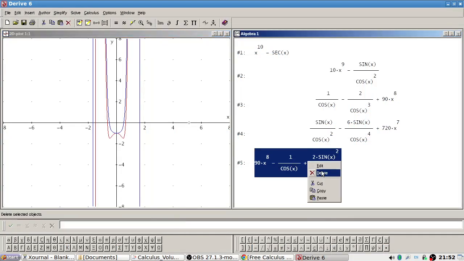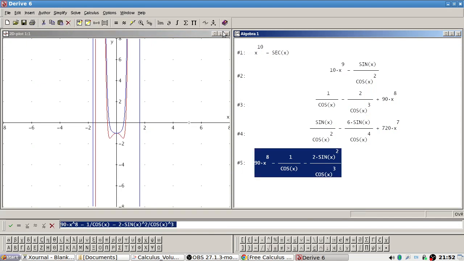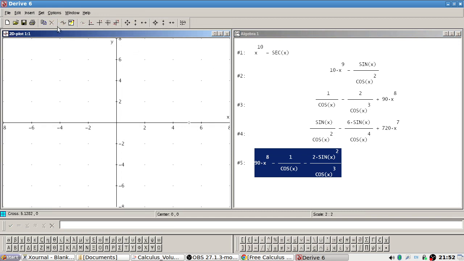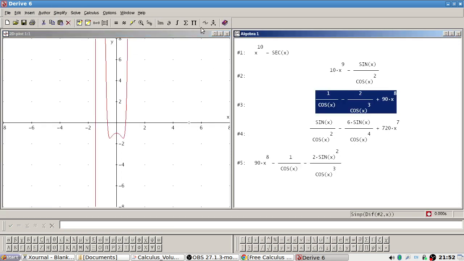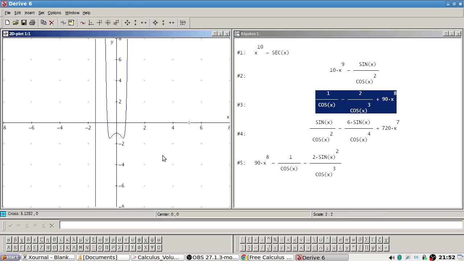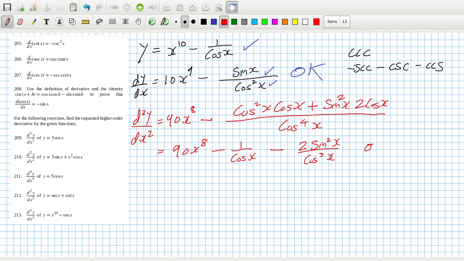Okay, so that is a sign mistake. So that's my answer, and that is the correct set. Okay, so this is okay, except for the sign mistake.